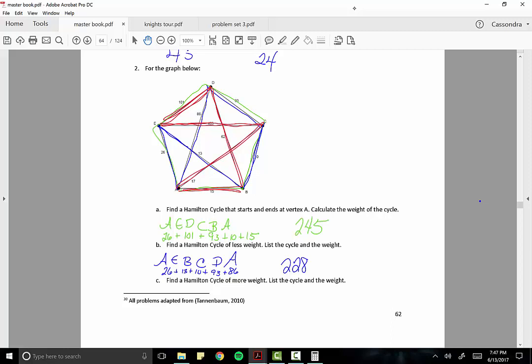So we'll start with A again. A, C, E, D, B, A. And that was 17, 403, 101, 62, and 15.